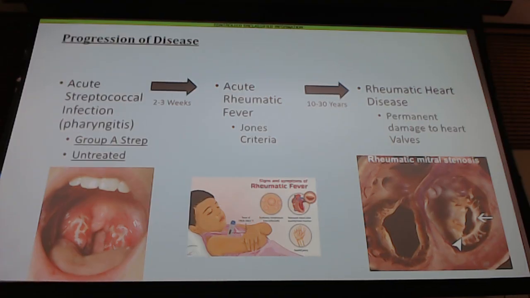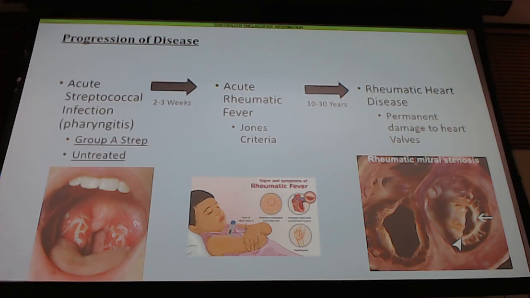Having rheumatic fever then puts this child at risk, 10 to 30 years from now, of having permanent damage done to cardiac structures, especially the valves. And 5 to 15 years of age is a common age that folks get strep. So now, with 10 to 30 years, you're talking about 15 to 45 years of age, and all of a sudden they're having a permanent disabling cardiac disease.